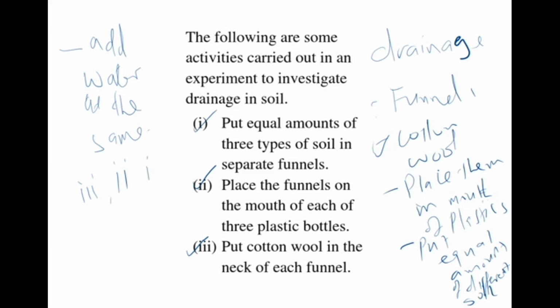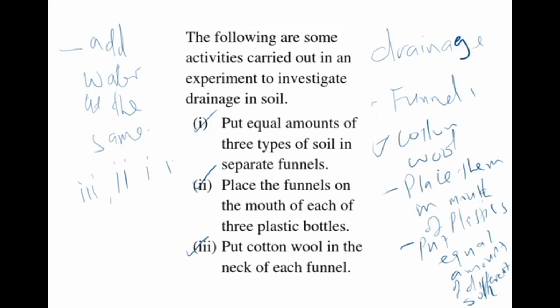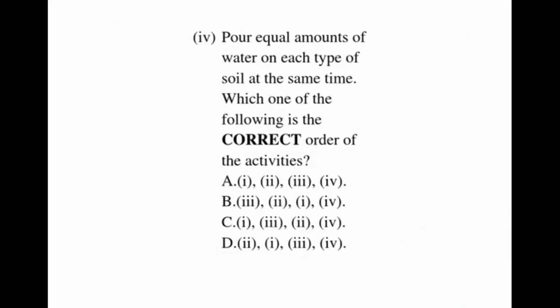And then finally you pour equal amounts of water on each type of soil at the same time, that is our 4. So it should be 3, 2, 1, 4. Therefore the correct answer there is B.